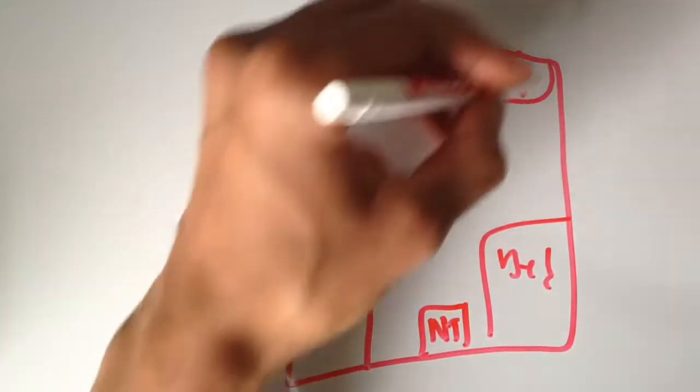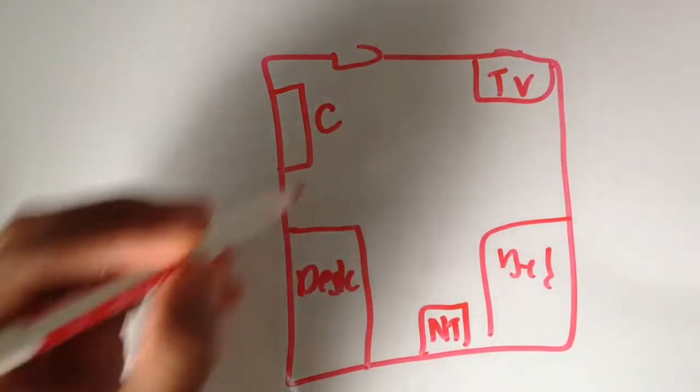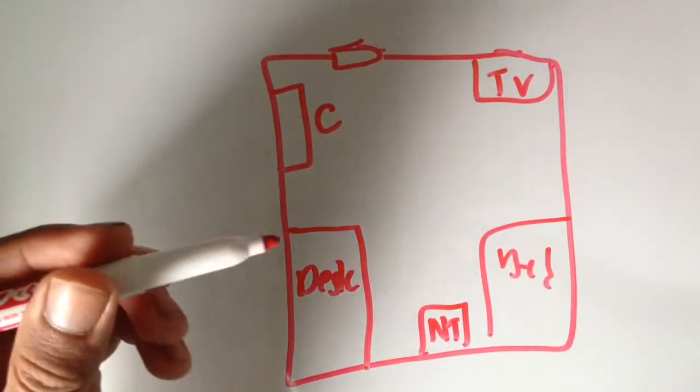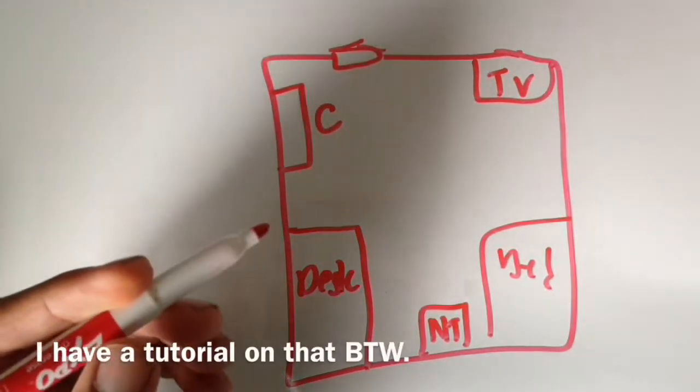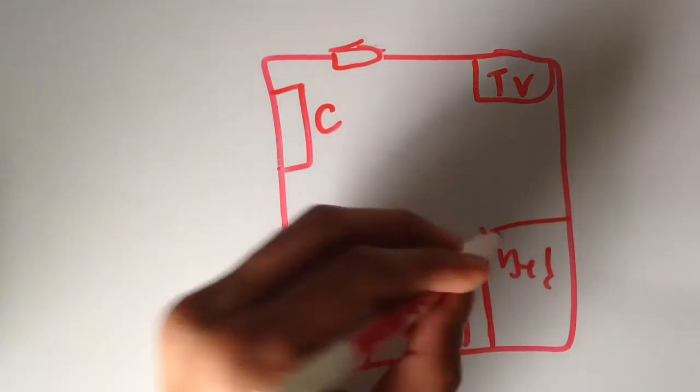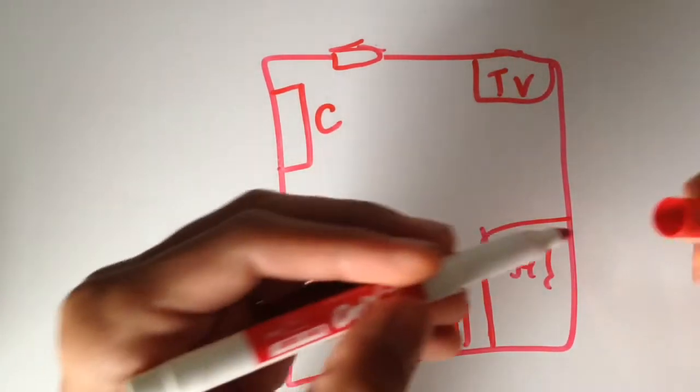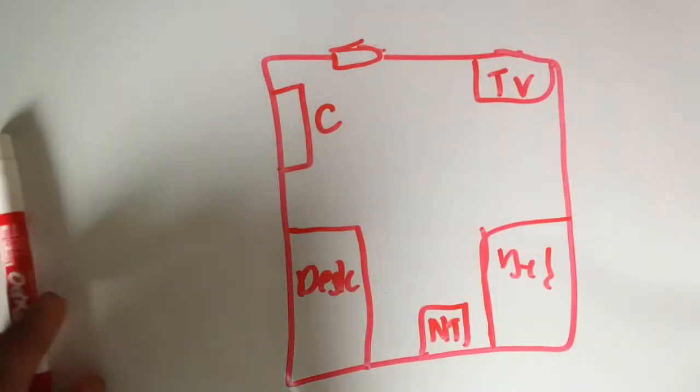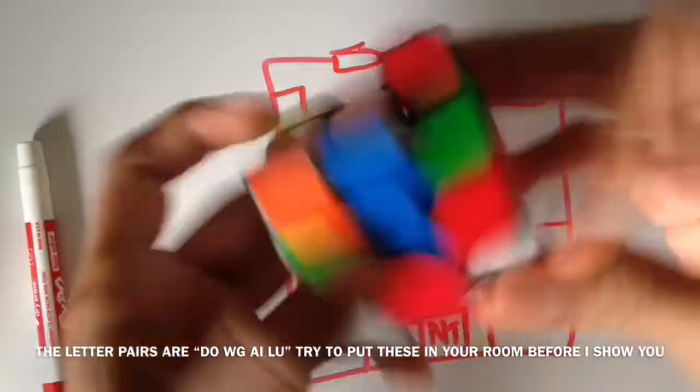So what you do is you assign your letter pairs, like in the story method I went over in part 3 of how to solve Rubik's Cube blindfolded. You make letter pairs and you turn them into stories. So let me just scramble it up. Alright, scrambled.